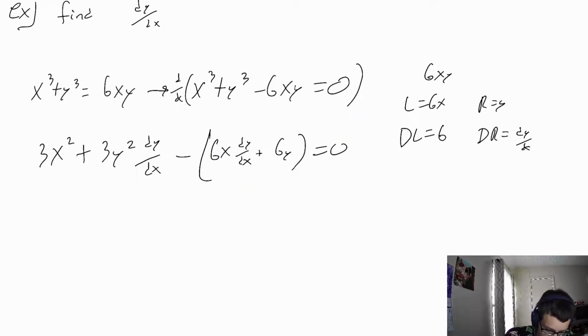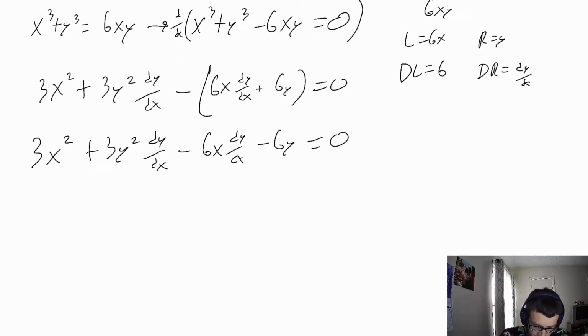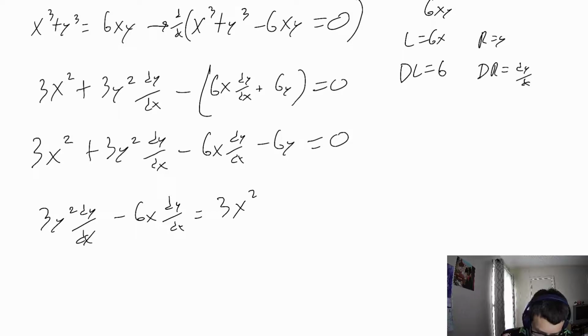All right, so let's simplify this a bit. We get 3x squared plus 3y squared dy/dx minus 6x dy/dx minus 6y equals 0. So then, as we did before, we're going to get every term that has a dy/dx in it onto one side and every other term onto the other side.